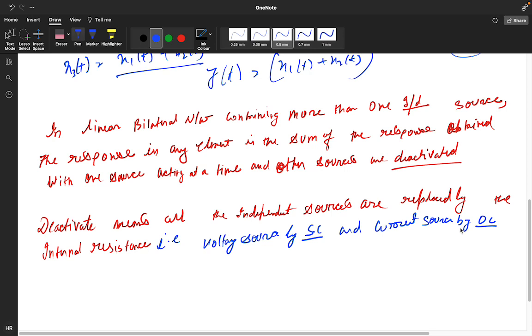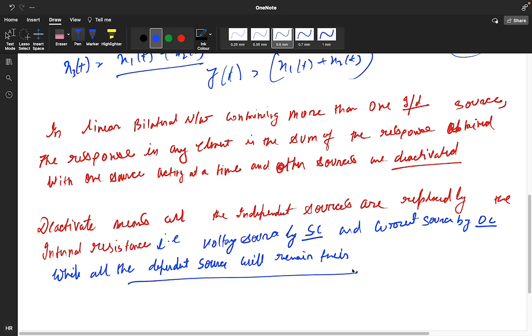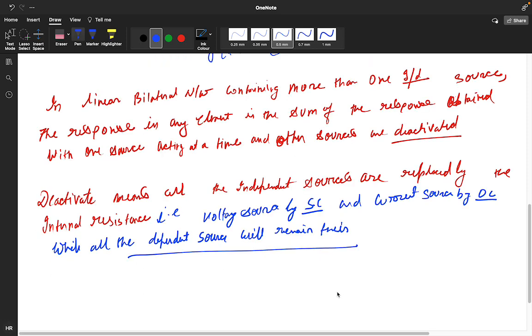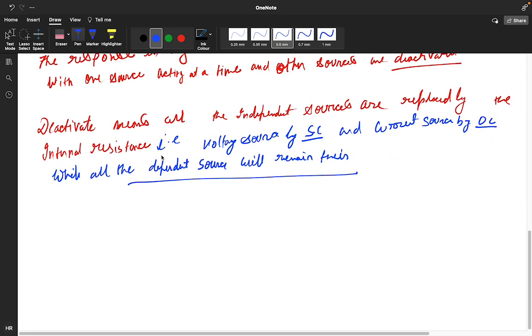While all the dependent sources will remain there. So this is a very important point. Dependent source, we don't have to do anything with dependent source. Okay. Now this is a very important point. Note it down.